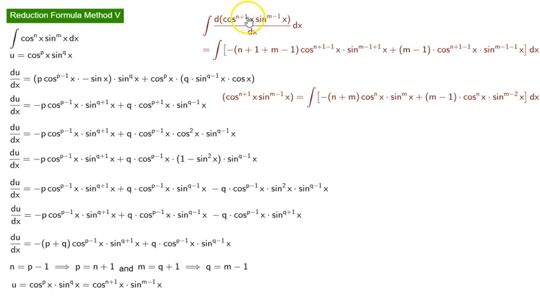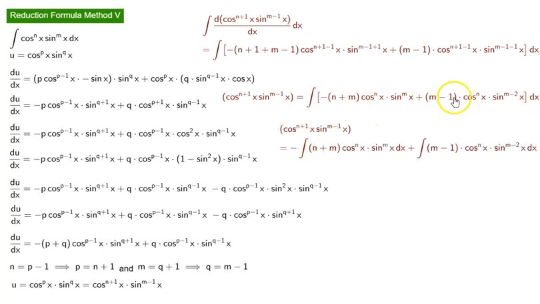So we are left with cos to the power of n plus 1 x times sin to the power of m minus 1 x is equal to the integral, where the 1 gets cancelled, of minus (n plus m) times cos nx times sin mx plus (m minus 1) times cos to the power of n x times sin to the power of m minus 2 x dx.